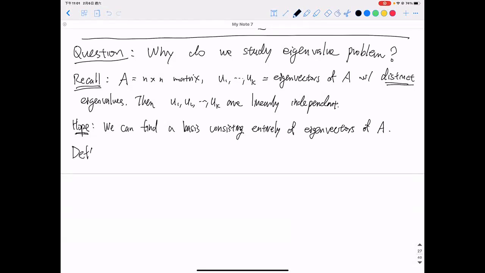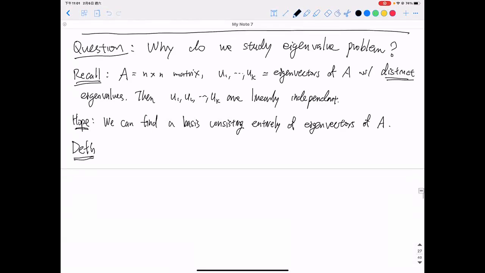The key is going to be the following definition. We'll first formulate the definition and discuss at some point why this is related to what we're saying about bases consisting of eigenvectors. Okay, so here's the definition.